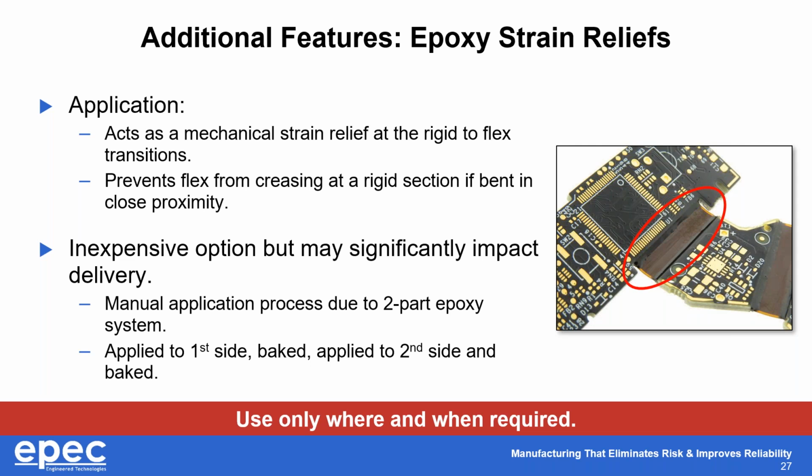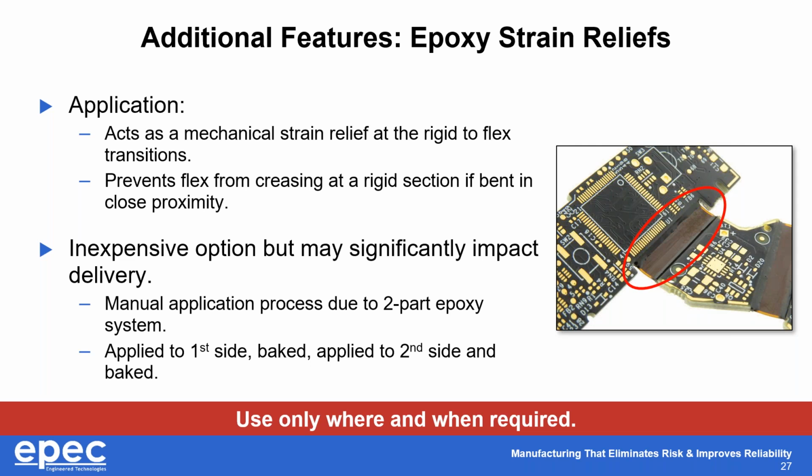By allowing the flex to bend hard and get creased at the rigid to flex transition, you could potentially run into circuit breakage. Again, it's an inexpensive option, but it can significantly impact the delivery of the parts.